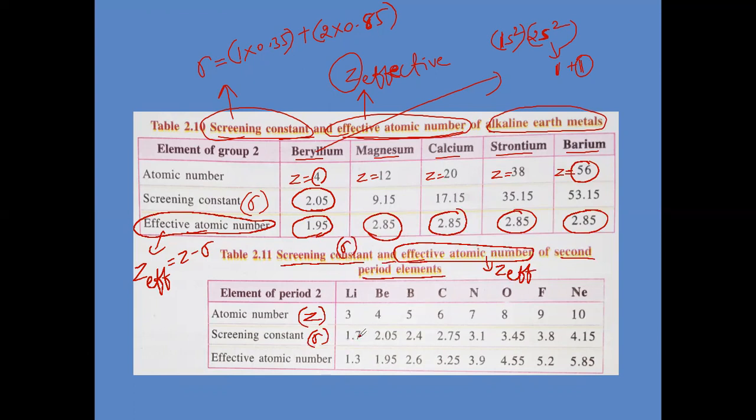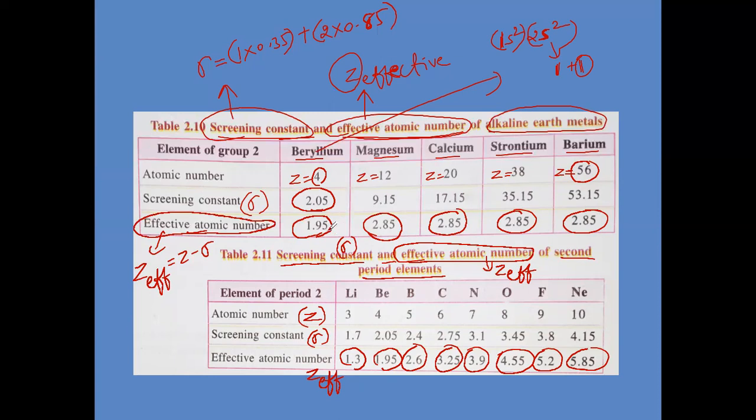Understood now? So we have to calculate sigma value. After that, effective atomic number we have to calculate. Like this, effective atomic number, you check it here. Increasing or decreasing or remaining same? Increasing. In a period from left to right, the effective atomic number is increasing and the atomic number is also increasing.